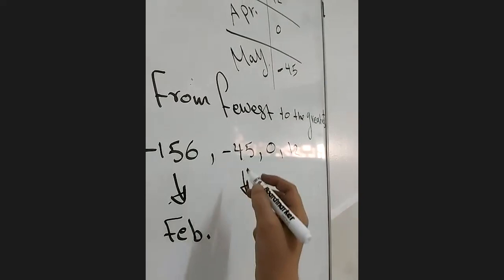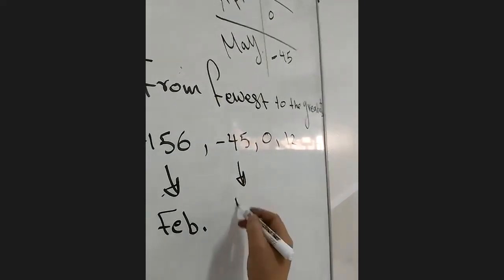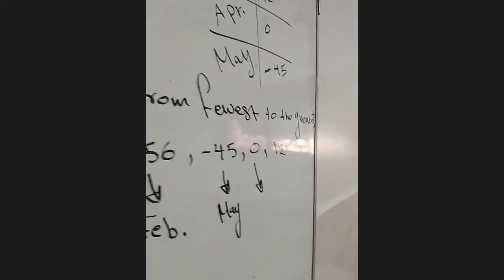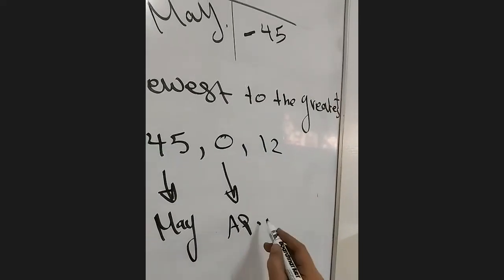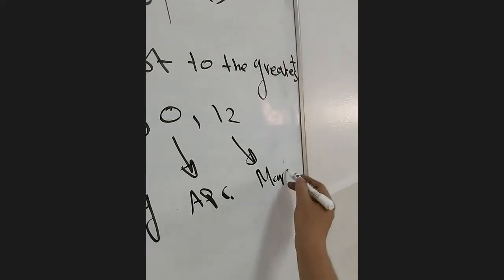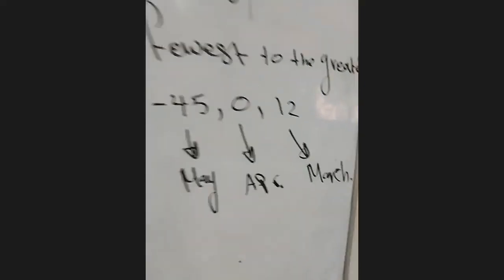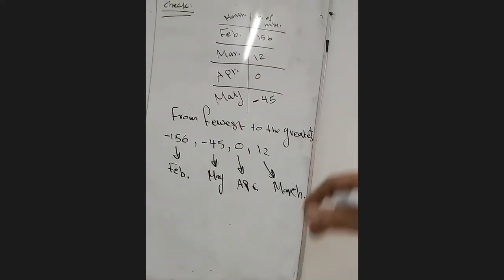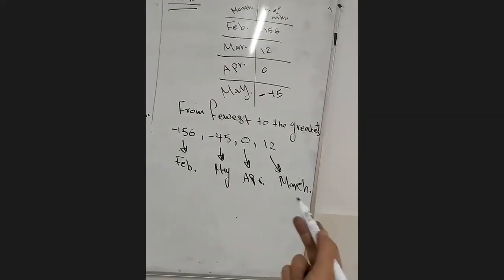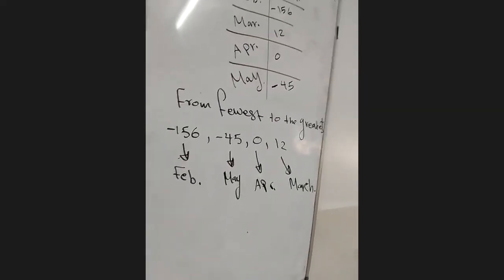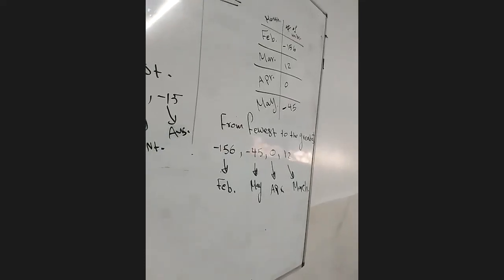Negative 45, which is May. 0 is for April. And 12 for March. So the fewest of them, guys, is February. And the month with the most minutes is March. Copy the answer, guys, on the space under the check, please.